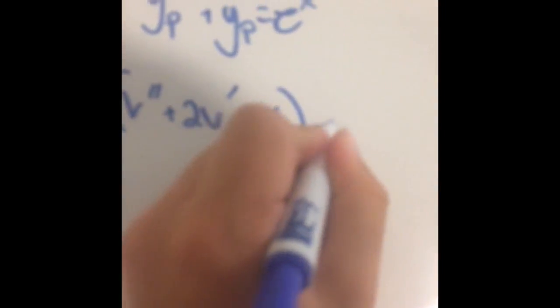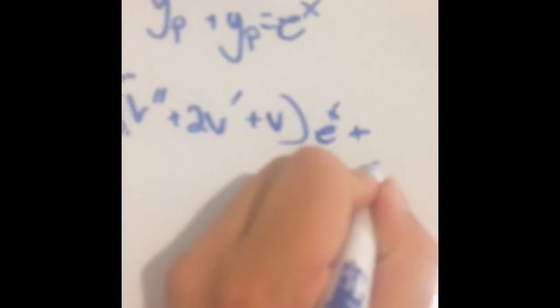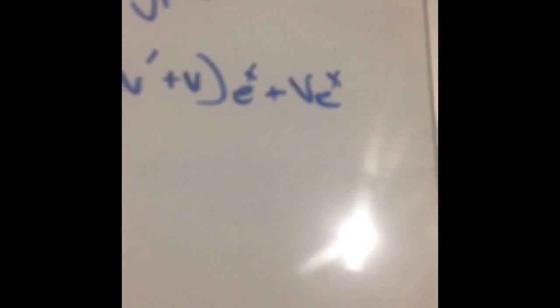And so our yp double prime equaled v double prime plus 2v prime plus v all times e to the x, minus our yp, which equaled v e to the x, equals e to the x.